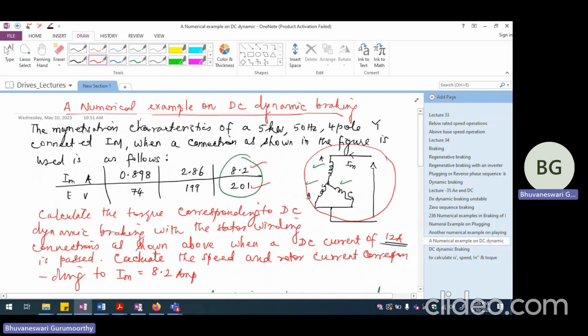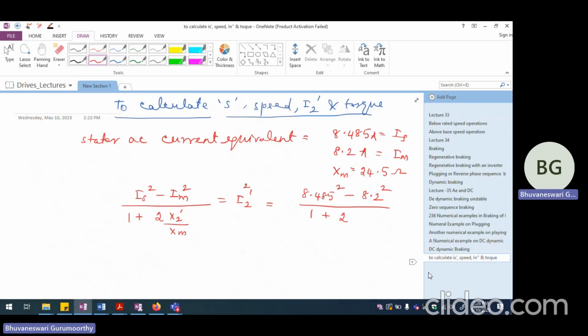oh, so here I should have given what is R2 dash and what is X2 dash. So X2 dash is given by 4 ohm, that is the value. And let me check, R2 is 3 ohms. So these two values, sorry, I had forgotten to give earlier. So this is 4 divided by 24.5.